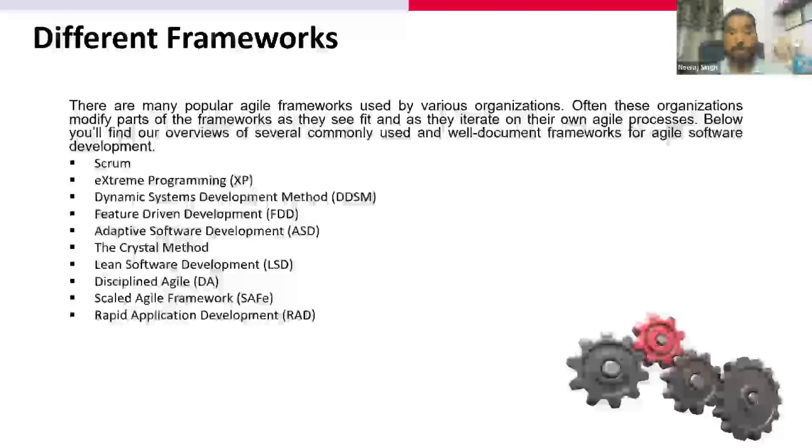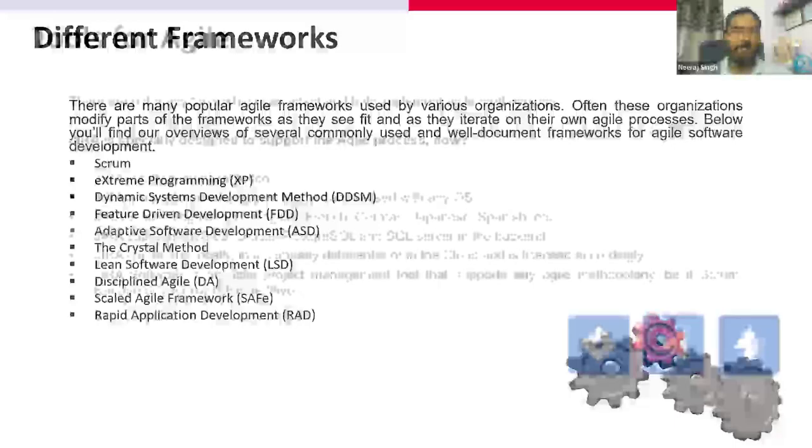There are many more, but of course they are not in the list because they are not so popular as of today. But the point is, these are altogether 14 frameworks under Agile, which people are using as of today as a standard approach or framework within Agile. Of course, if you want to know more about it, we can look forward to that in our other sessions. Right now, we're just giving you an outline of what exactly the frameworks are all about.